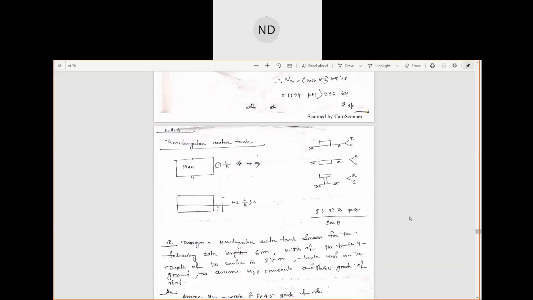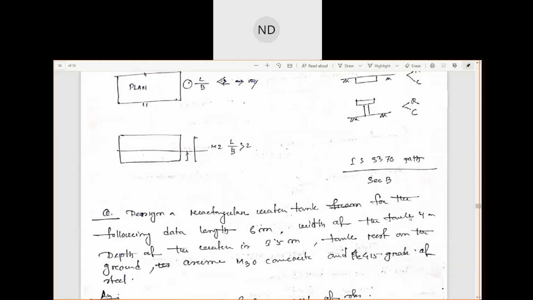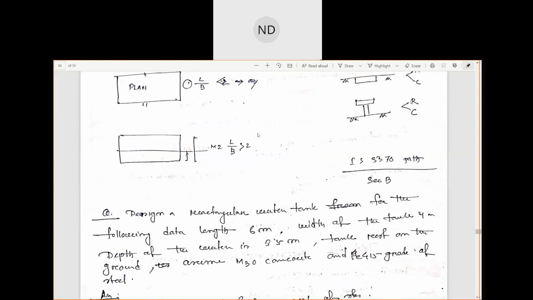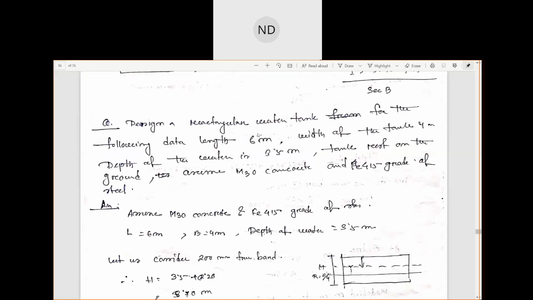Basically, water tanks can be rectangular or circular, and they can be above the ground, on the ground, or below the ground, here elevated. We'll design a simple basic on-the-ground rectangular water tank here for your seventh semester.